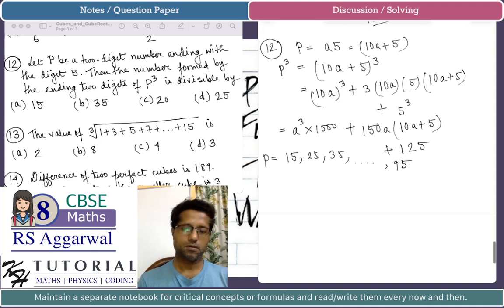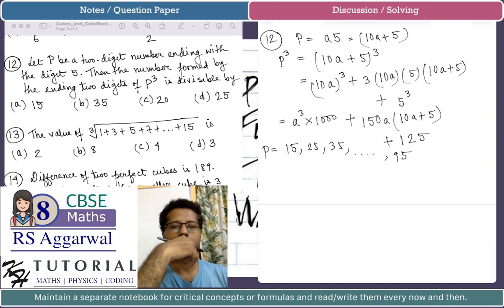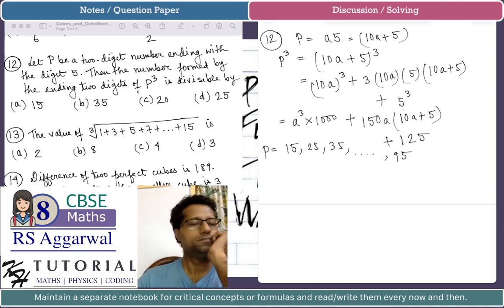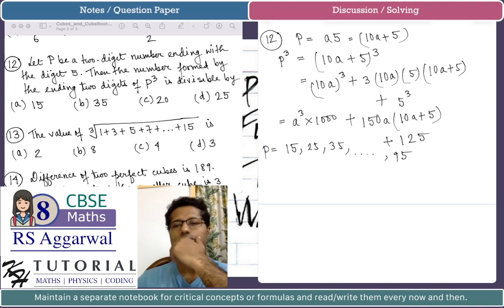Now 15 cube. What is 15 cube? Hmm, 25 cube. No. 95 cube.